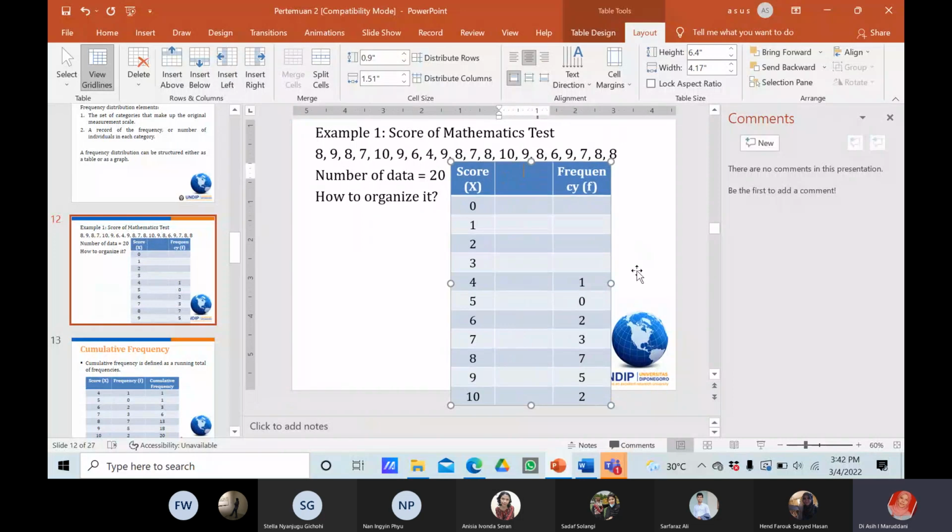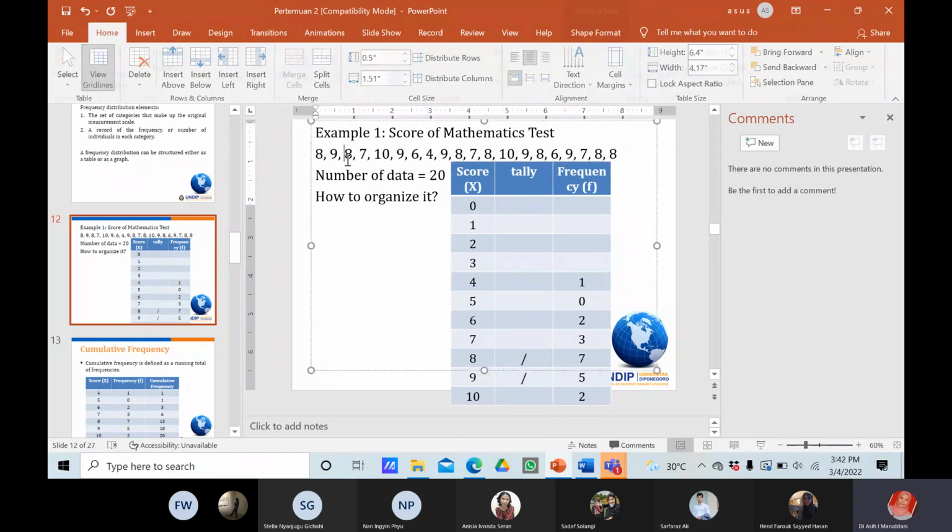Then you can use tally to help count the data. The first score is 8, so you write the notation here for 8. The second student got 9, so you write down the tally here. The third student got 8.